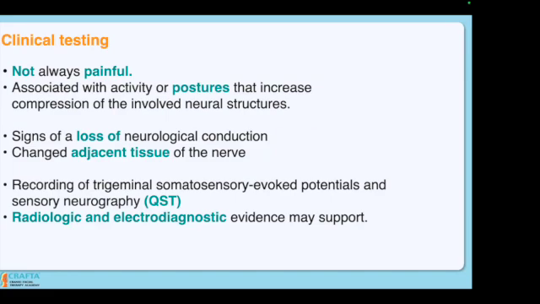We know there could be a loss of neurological conduction, what we already discussed, but also think about a change in the adjacent tissue of the nerve, the tissue around the nerve itself, specifically when it's a long-lasting problem, it can also change. Again, think about our QST testing, what we already discussed, and of course, radiological and electrodiagnostic evidence may support in this case.